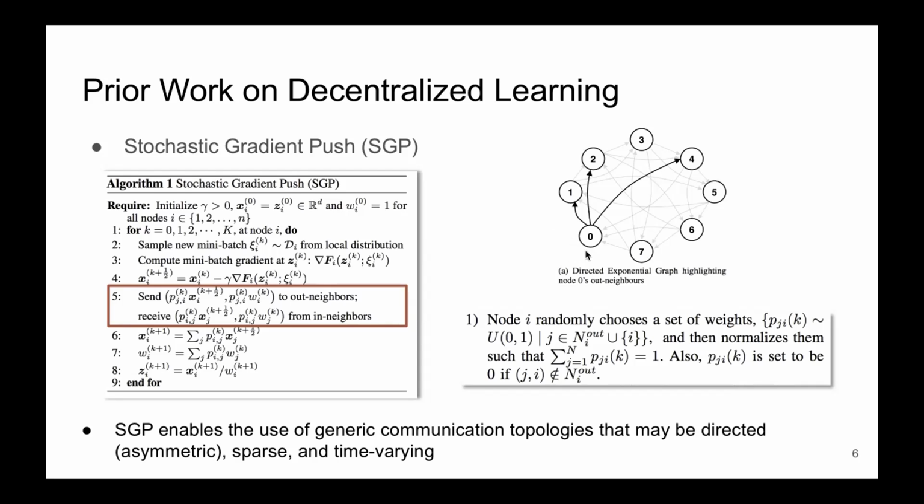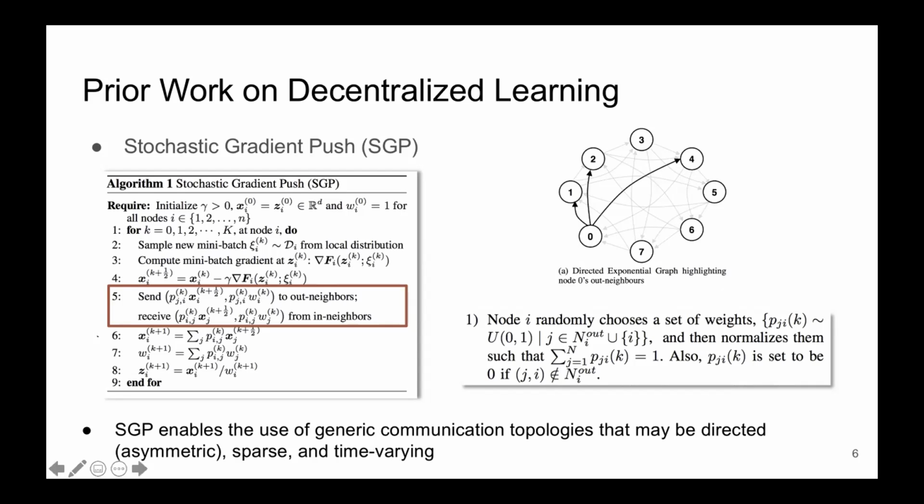Just like for agent 0 here, it can send its parameters to 1, 2, 4, but it can receive the model from 4, 6, 7, something like that. This is a directed graph.